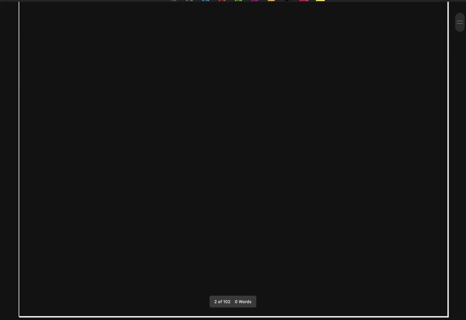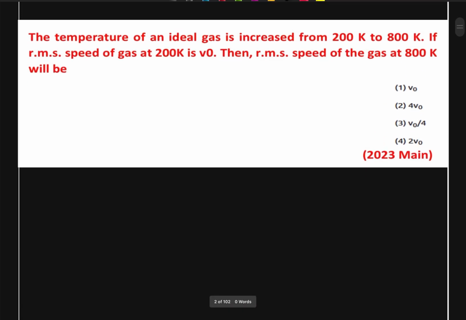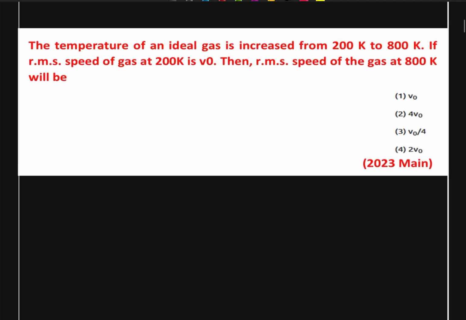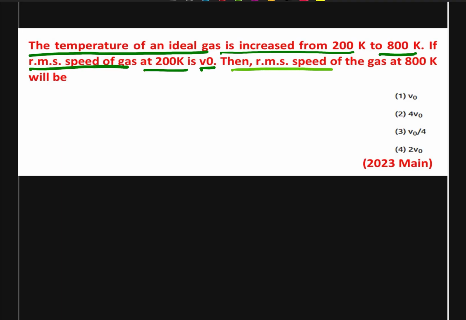Next question. It states that the temperature of an ideal gas is increased from 200 Kelvin to 800 Kelvin. If r.m.s speed of gas at 200 Kelvin is V0, then r.m.s speed of the gas at 800 Kelvin will be.